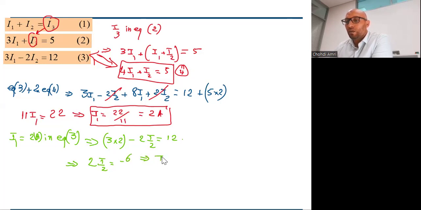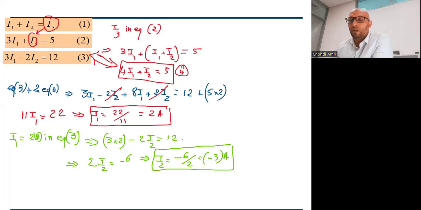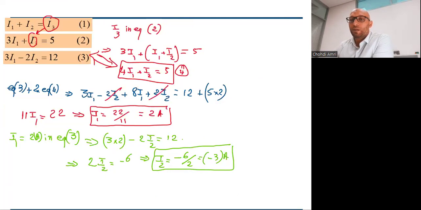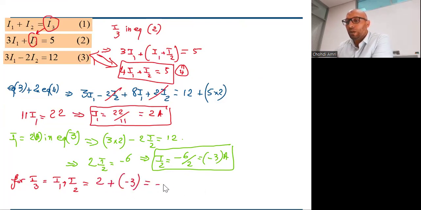So that means I2 equal minus 6 over 2, which is equal minus 3 ampere. And this is our second current, minus 3 ampere. Now we just add the 2 currents. So for I3, equal I1 plus I2. We write I1, we said it's 2, I2 is minus 3, so it's equal minus 1.